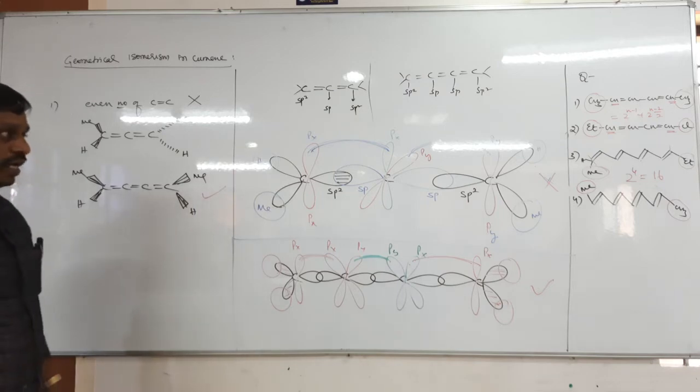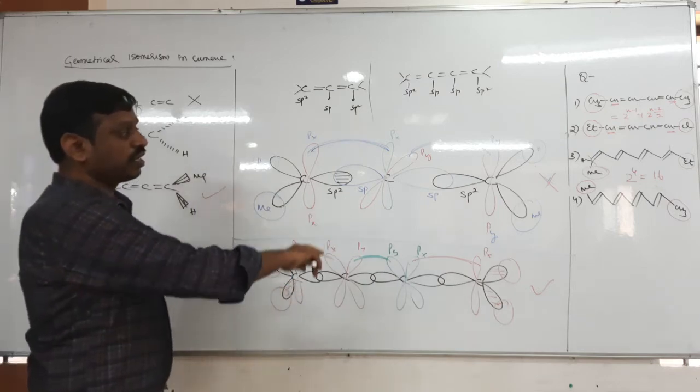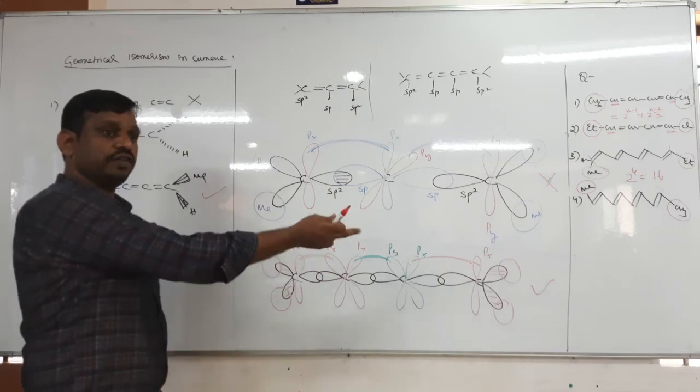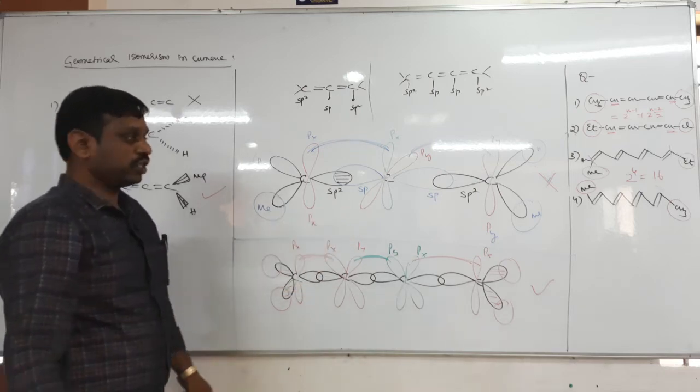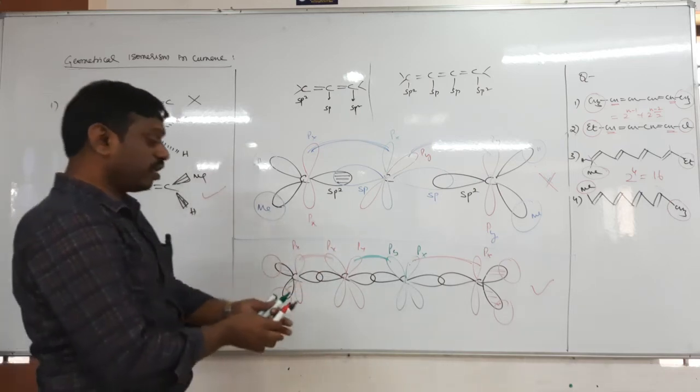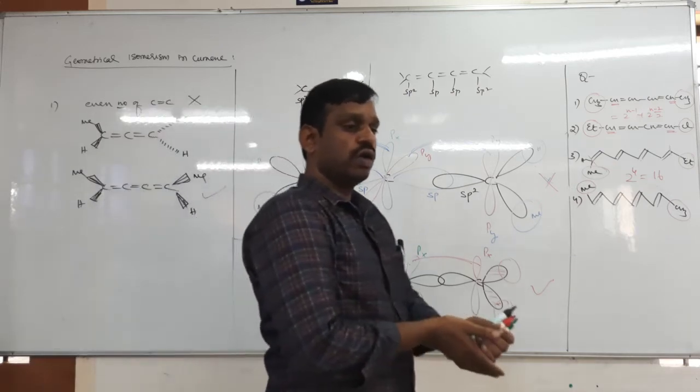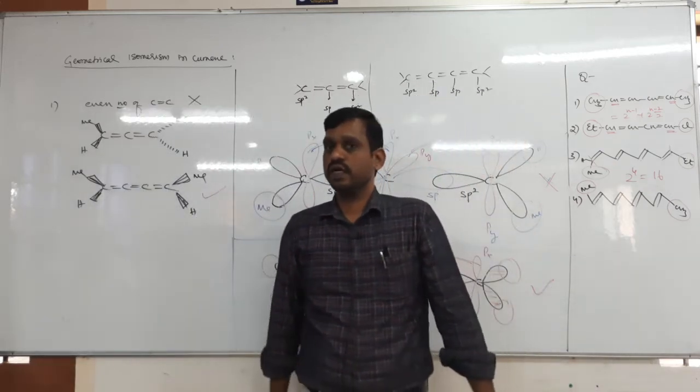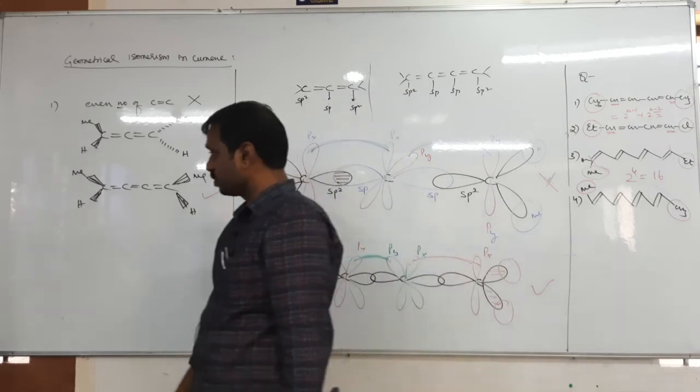Okay, fine. Next, if it exhibits geometrical isomerism, then how to identify? That question is, first write this. Geometrical isomerism in cumulenes, written now. Have you written what cumulenes are, right? So next write case 1.